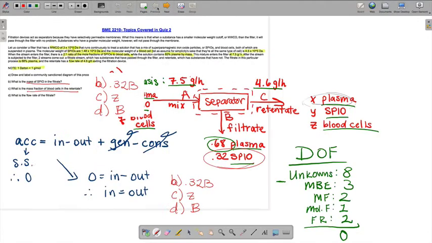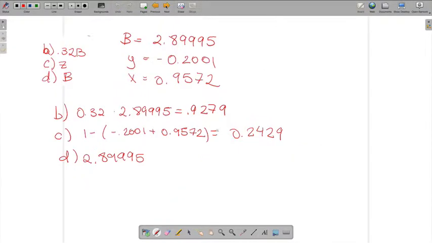Now we have to add our units, and make sure our sig figs are right before we finish off this problem. We're only given a minimum of 2 sig figs within our problem based off of all the numbers that we're given. So we know that we need 2 sig figs for all of our responses. So that's going to equal 0.93.